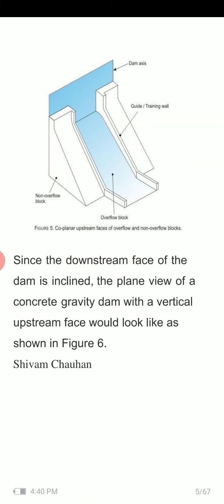As you can see, the detailed coplanar upstream faces of overflow and non-overflow blocks. There are two blocks, one non-overflow block and the second an overflow block, separated by a guide wall or training wall. These are the base, and the top plane is the dam axis.